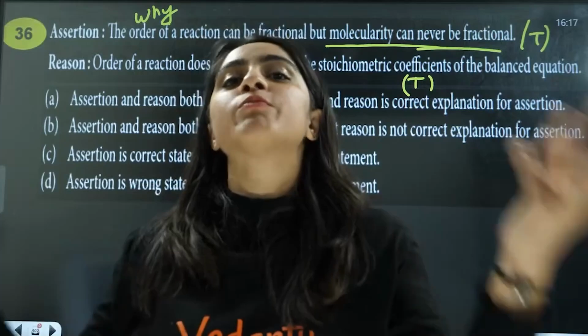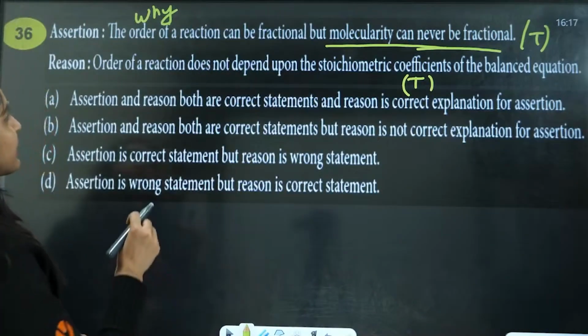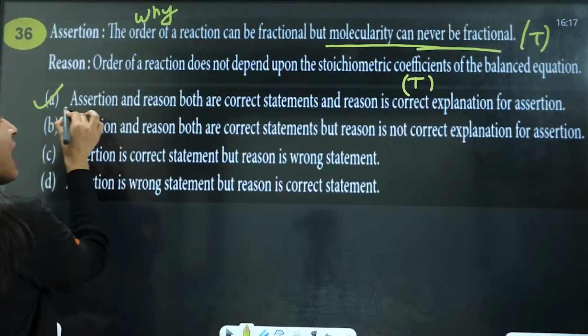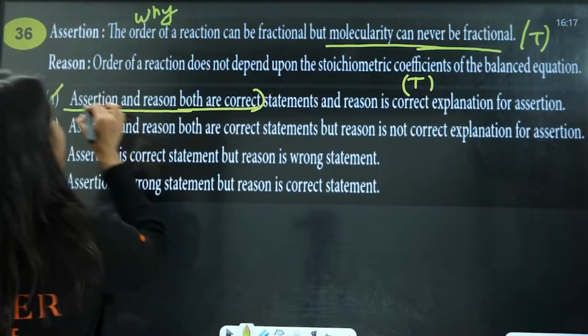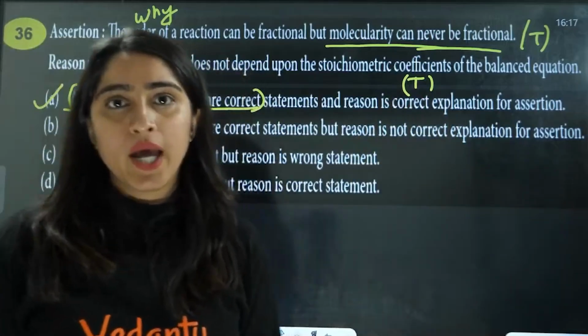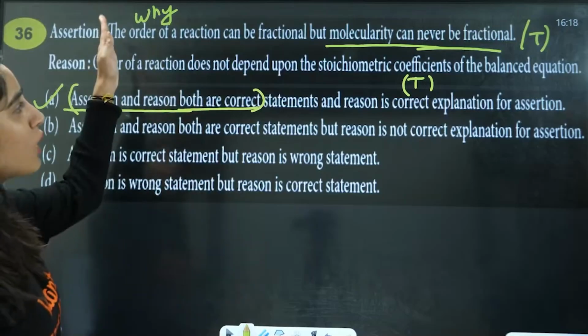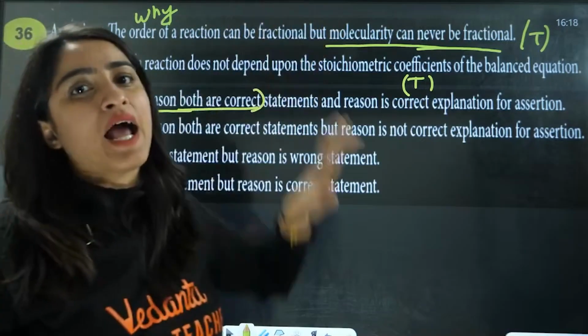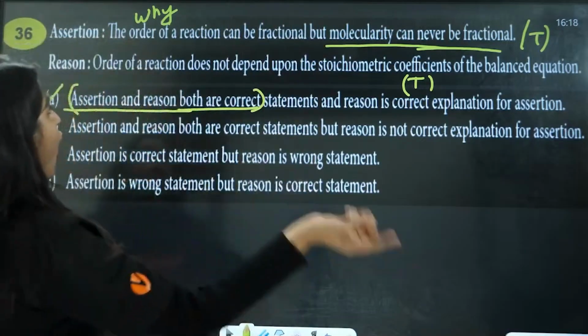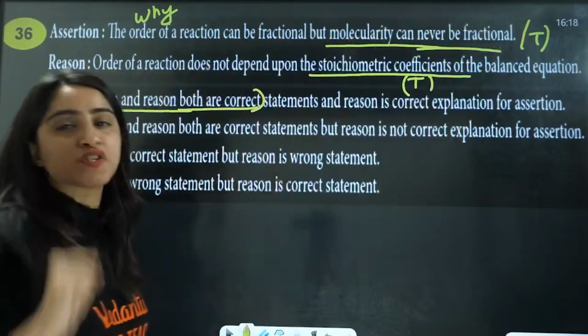Molecularity depends on how many molecules are colliding with each other. So now the correct answer is that assertion and reason are both correct, and the reason is the correct explanation. The reason gives the explanation that the order of the reaction can be fractional. Why? Because the order of the reaction does not depend on the stoichiometric coefficient.